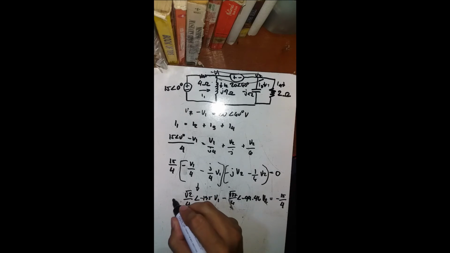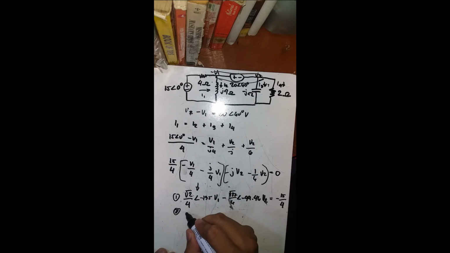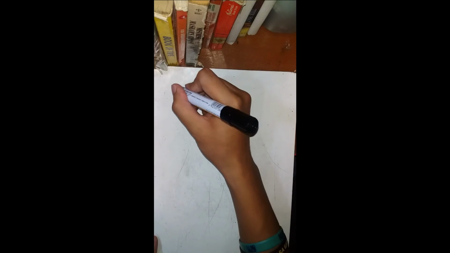This will be our equation 1, and our equation 2 is our supernode, negative V1 plus V2 equals 20 angle 60. From there, we will use Cramer's rule.